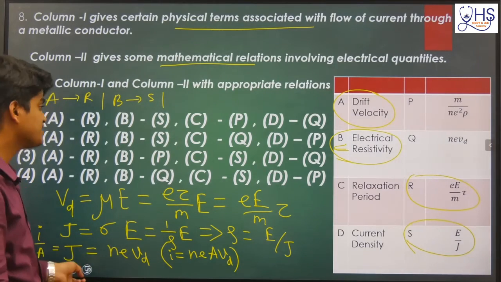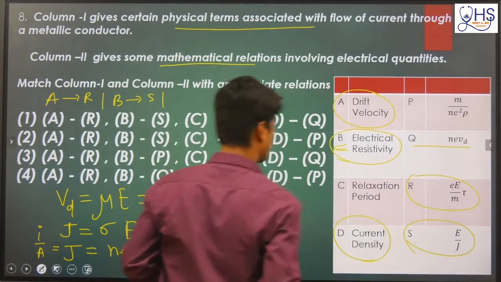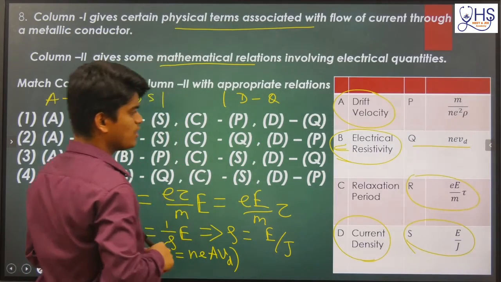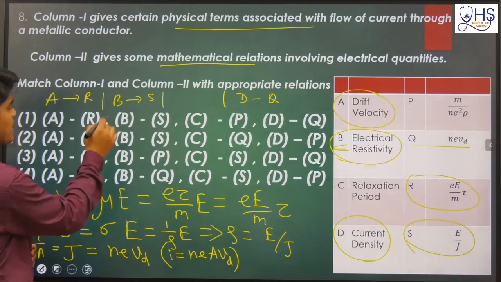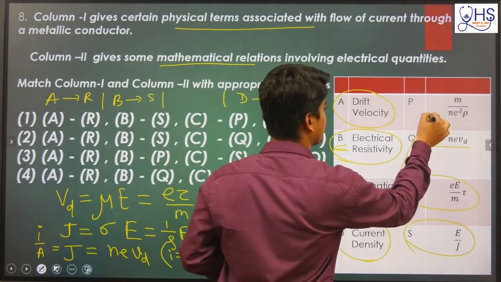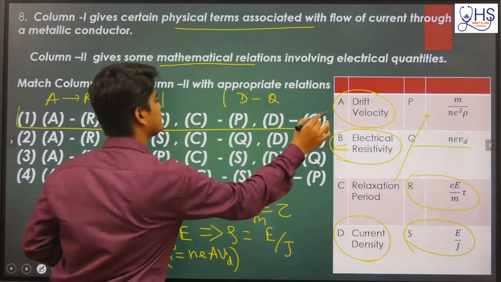So J is matching with Q, that means D is matching with Q. From these three I can get my answer. A is R, B is S, D is Q, and C will definitely go to P. So definitely our answer will be 1.